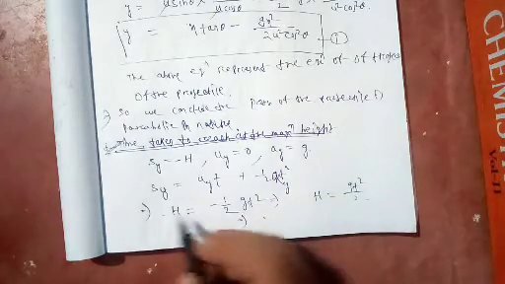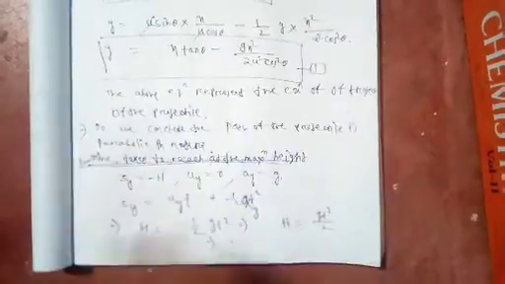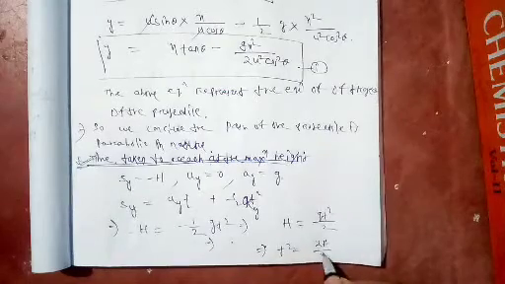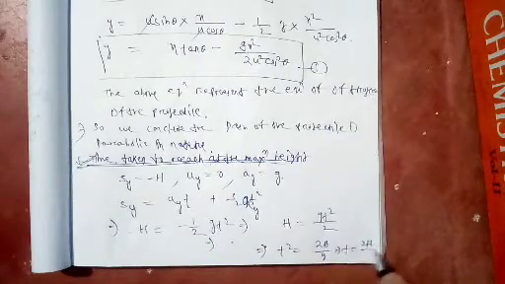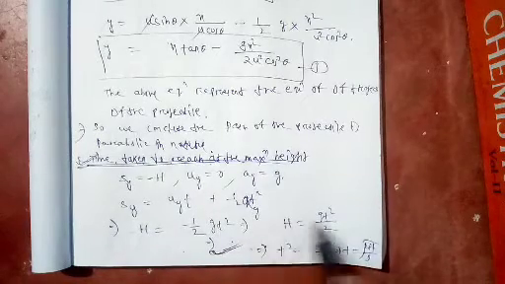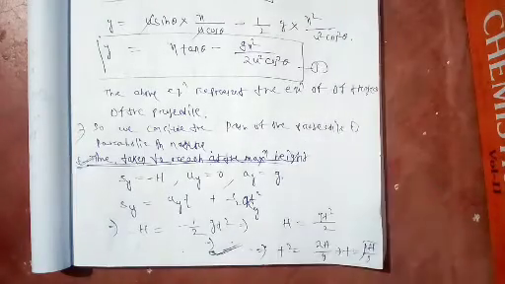So t square is equal to 2h upon g, so t is equal to root of 2h by g.